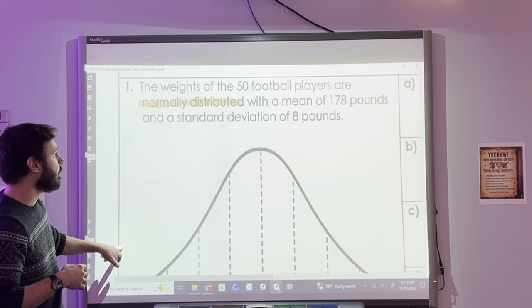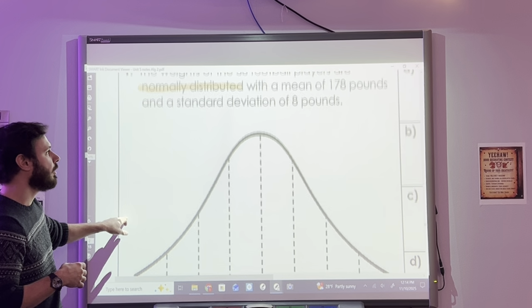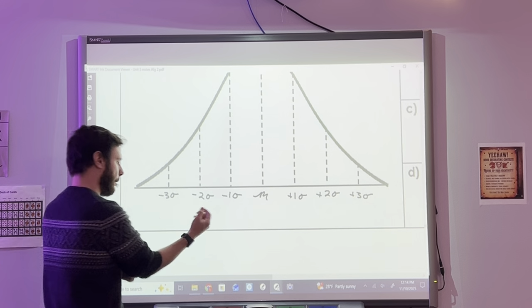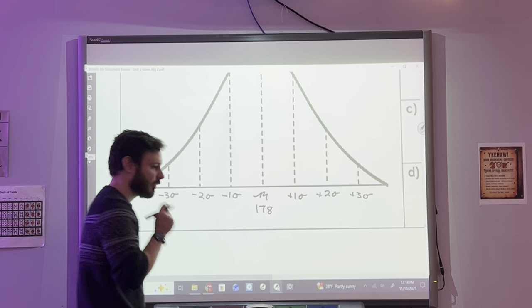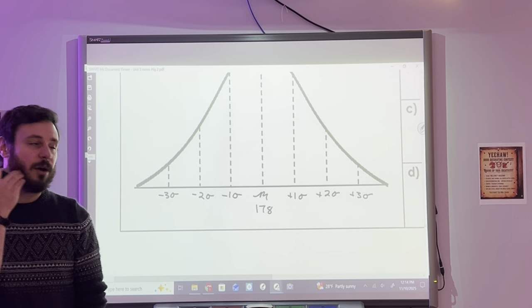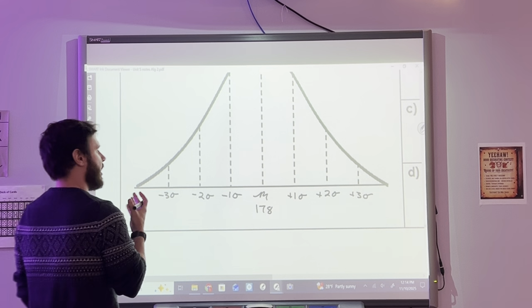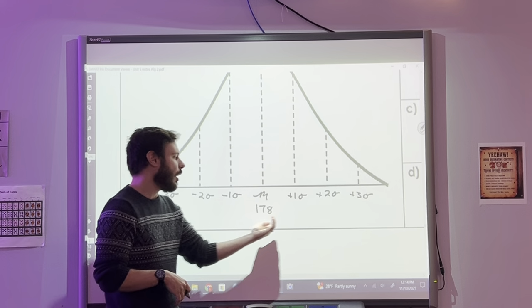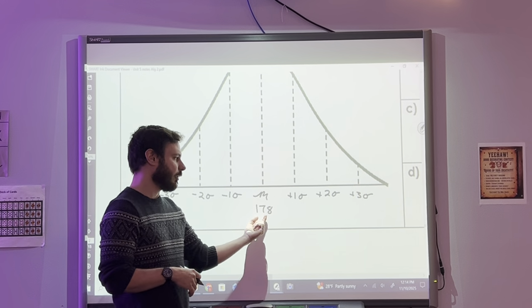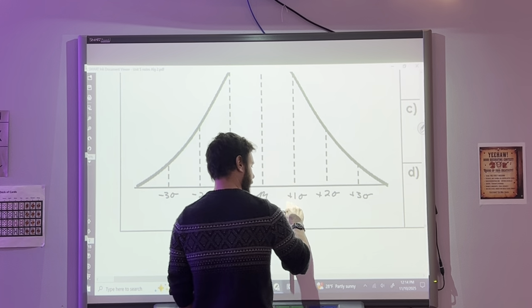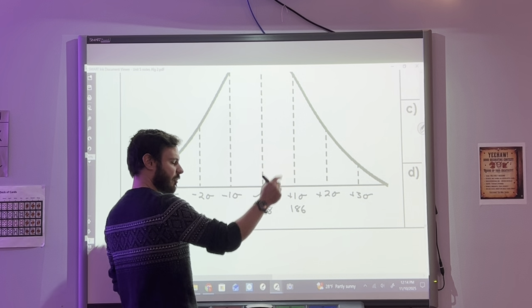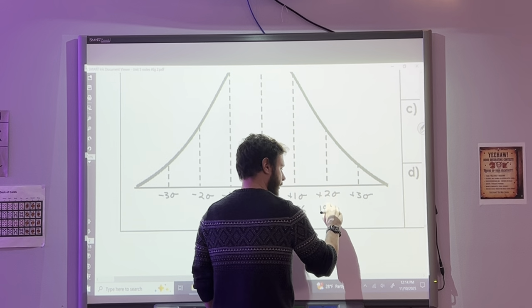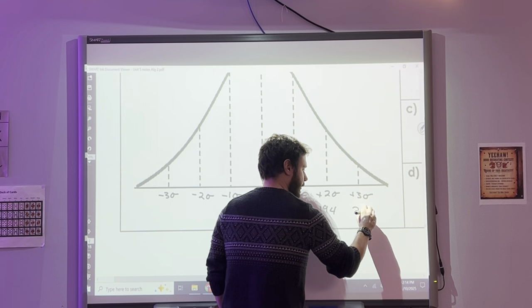So these football players averaged 178 pounds. Right in the middle, 178. Now the standard deviation of this set was 8 pounds. So if I go up 1 standard deviation, that means I'm gonna go 8 pounds up. 186. If I go up another standard deviation, 194, and then 202.